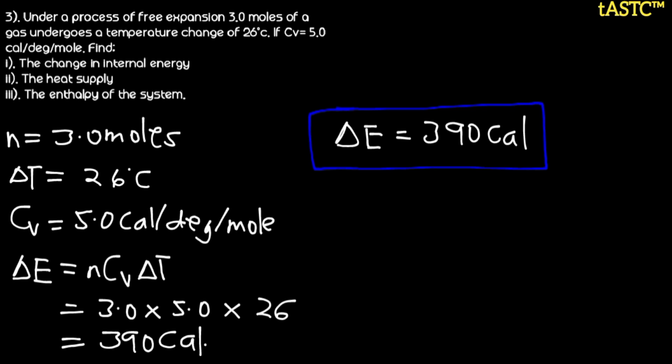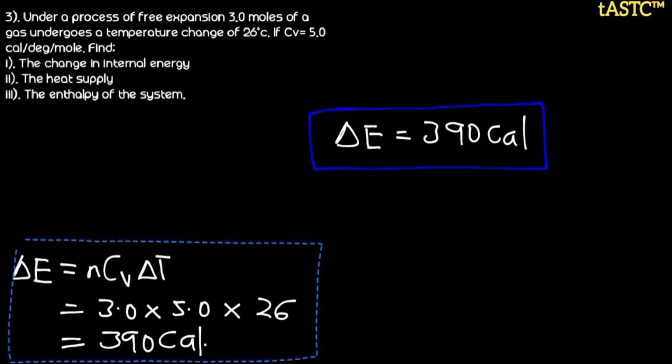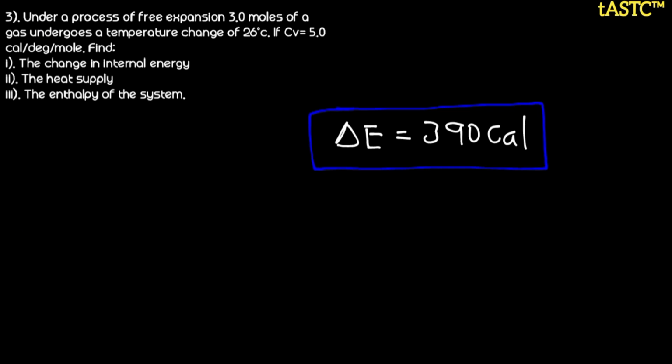Next up, we need to find the heat supply. Now, what is the heat supply? That is obviously the value of Q. We need to find the value of Q. Now, you need to know that this process occurred under free expansion. For every free expansion, P is equal to 0, or dP is equal to 0.